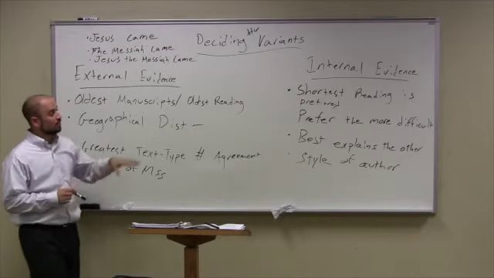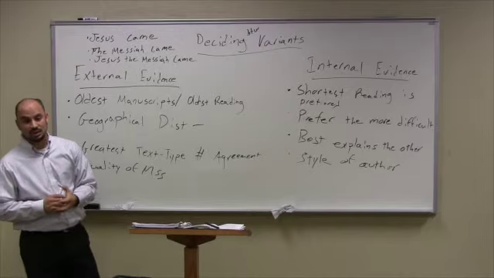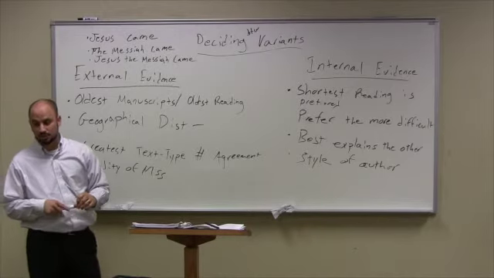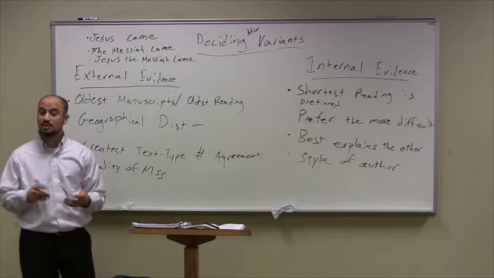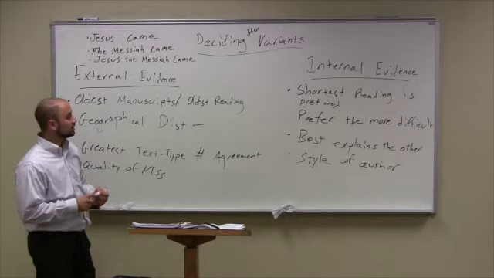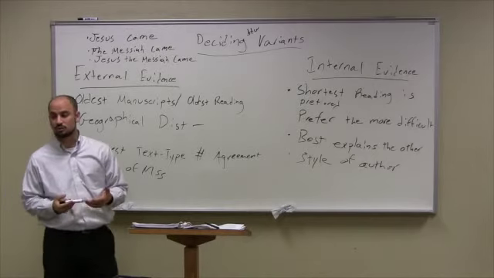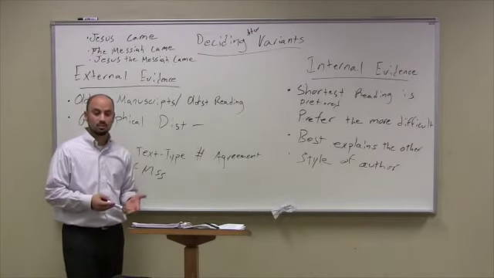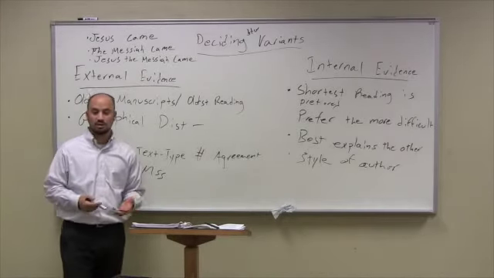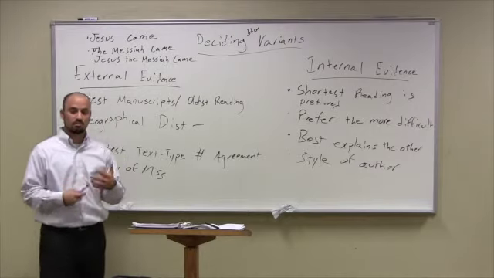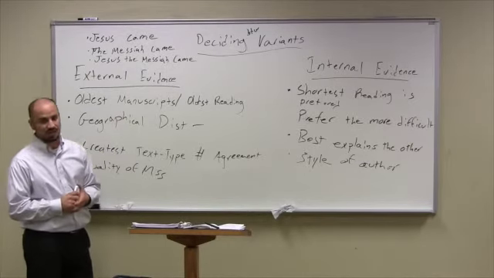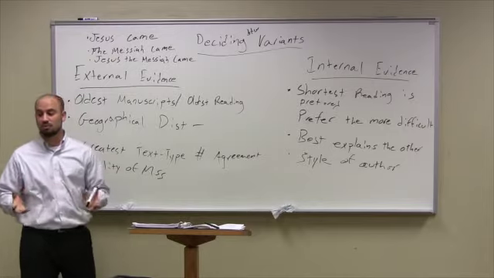The thing to remember about internal evidence is that it is always a game of probabilities. Reasoned probabilities. But to say that an author will never use vocabulary that is uncharacteristic of him limits him in a way that should not be limited. Right? We don't always use the breadth of our vocabulary in each document that we write. So we have to balance these things. And I know that that's not a comfortable thing to do.